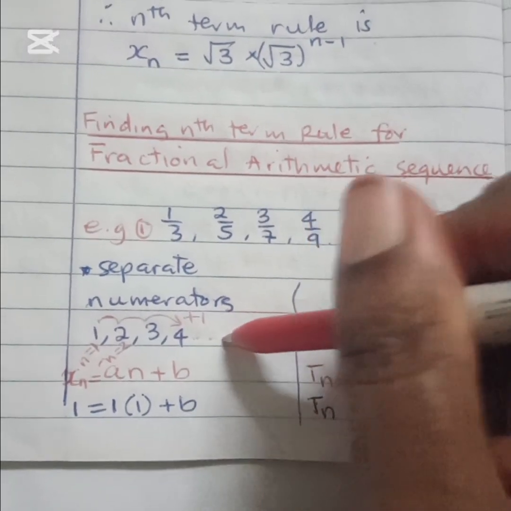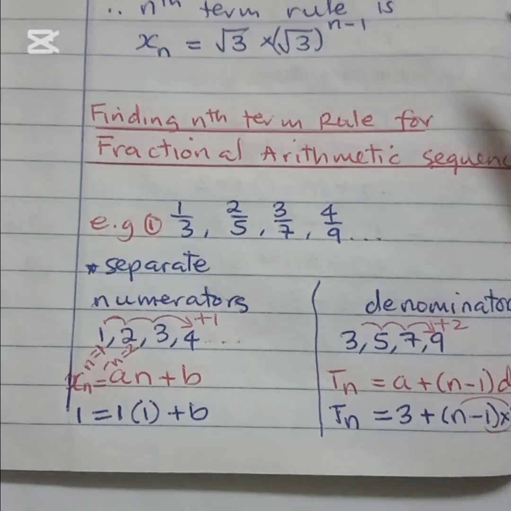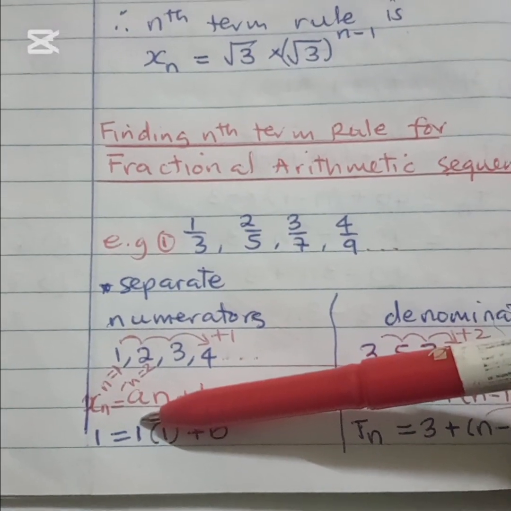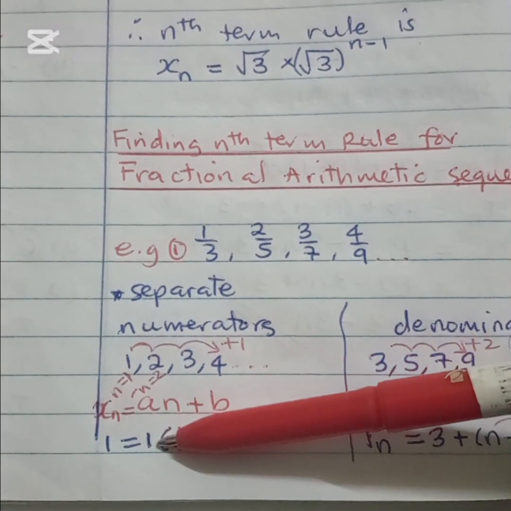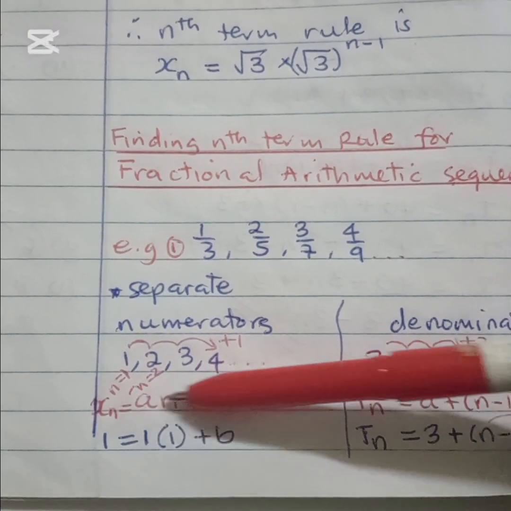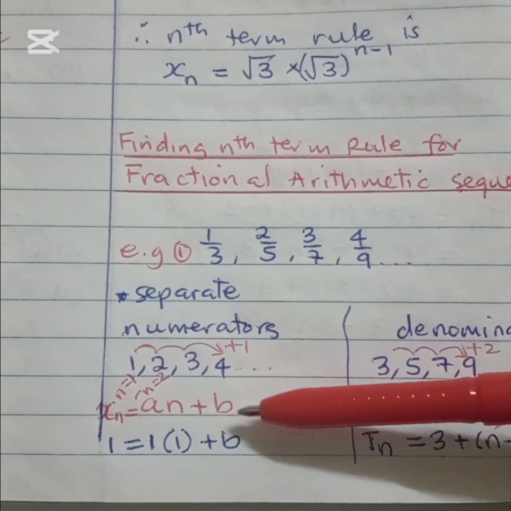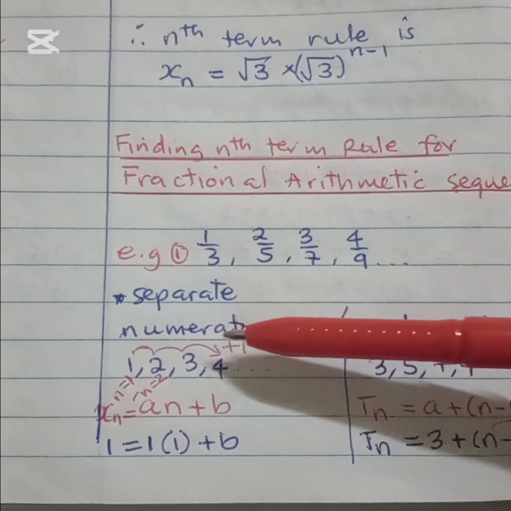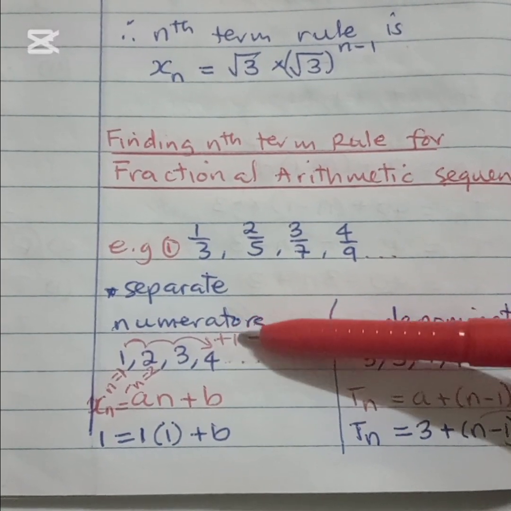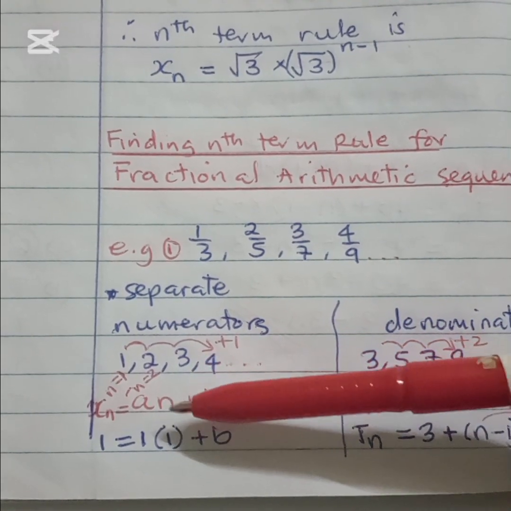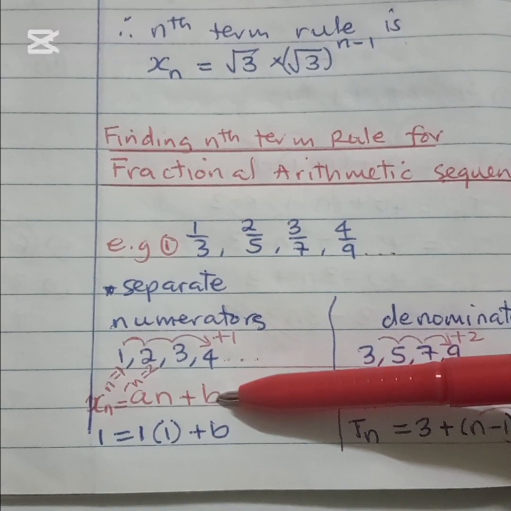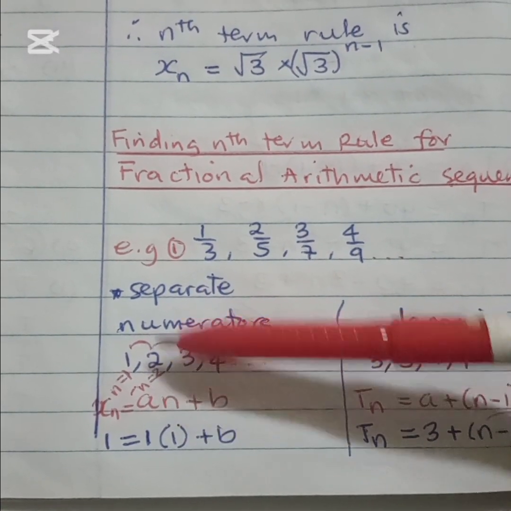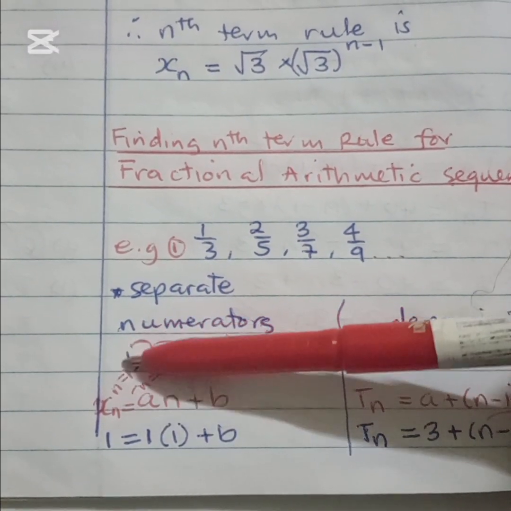As we have learned, there are two methods of finding the nth term. Here's method 1, where the nth term is an plus b. A is the common difference and b is a number you find by substituting a term and its position.